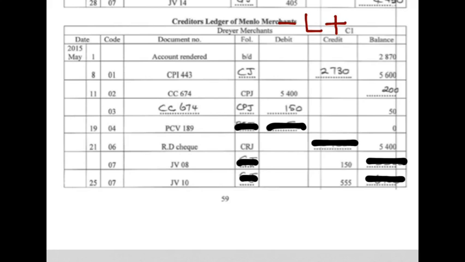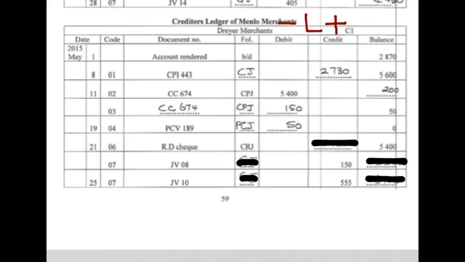On the 19th, the petty cash voucher comes from the petty cash journal. An extra 50 Rand was decreased, so we probably paid them out of petty cash with 50 Rand. So now our balance is at 0 Rand. Then on the 21st, there was an RD cheque in the CRJ. This RD cheque, CRJ, cancels out the entry that we had in the CPJ.